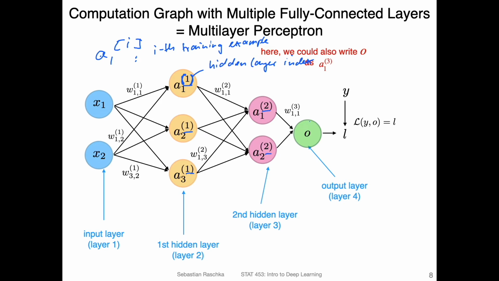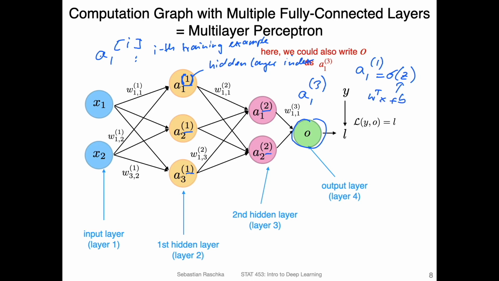And instead of writing output here, I could also write activation with parentheses 3, because the way the output is computed if we use the sigmoid function is the same way as these activations are computed. So for example, if you have one activation here, let's say the one in the first hidden layer, this is computed as the activation based on some net input z, where z is computed as the net input here.